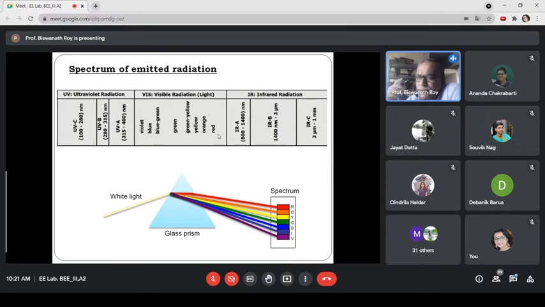From daily life experience, you see that we can get more light from a 40-watt fluorescent tube light as compared to a 40-watt filament lamp.